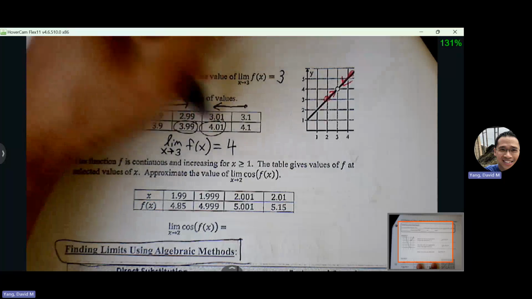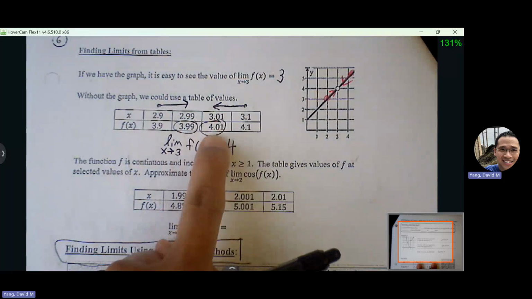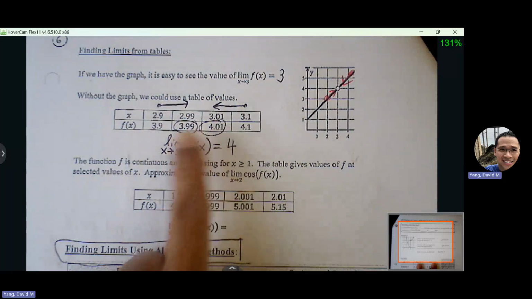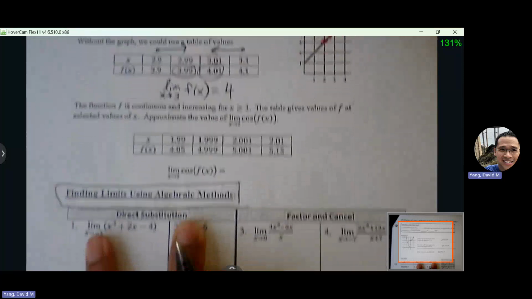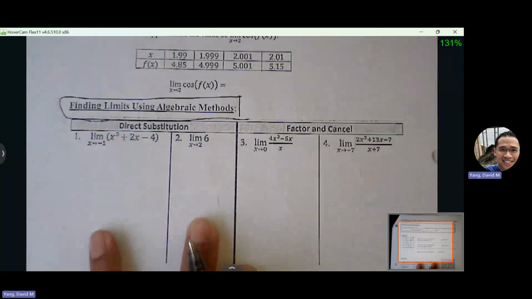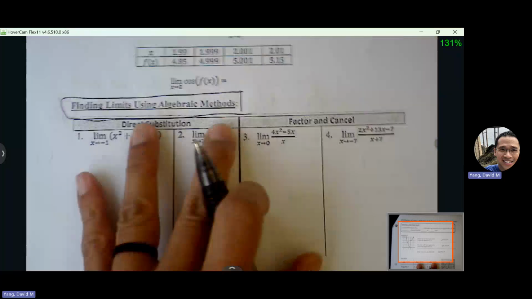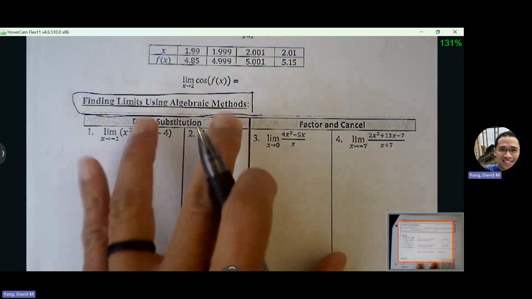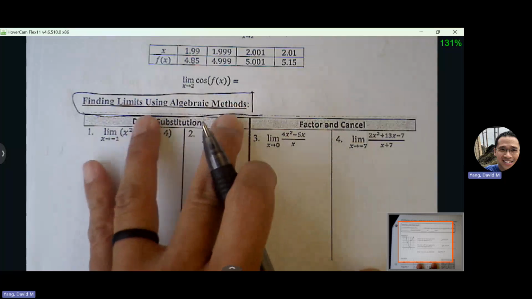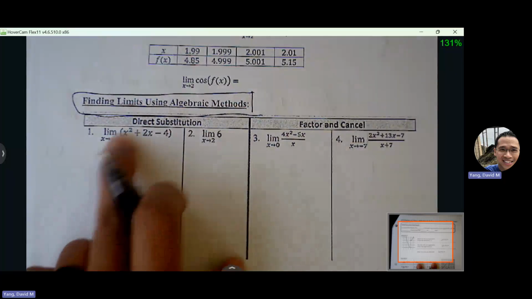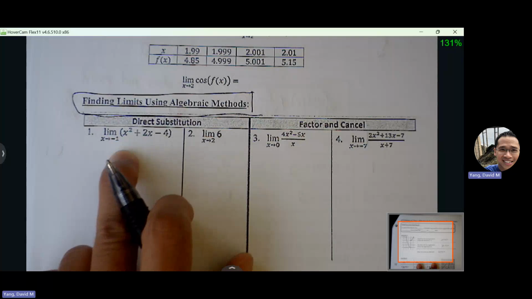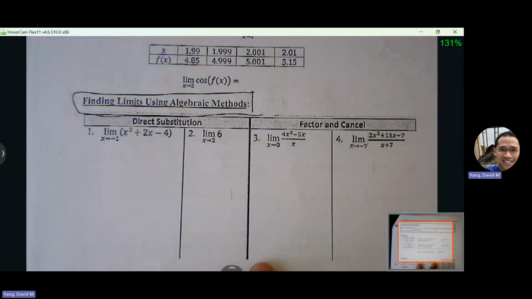You're just looking at the y values to see if they are headed towards the same number. Now, the last step, the one that takes more effort, is finding limits algebraically. So if we didn't have the graph in front of us, if we didn't have the table of values, if we only had the function in front of us, then finding limits algebraically requires a different set of steps.